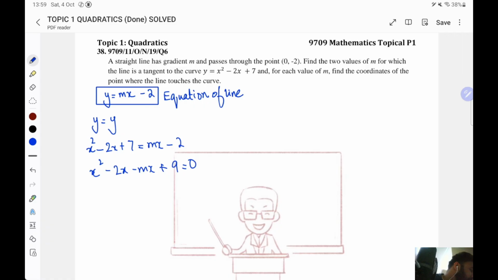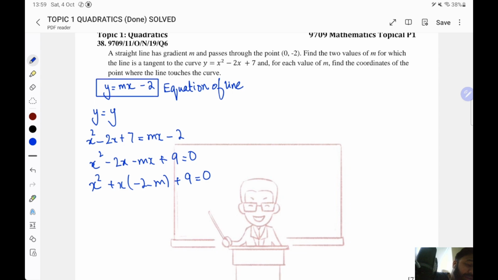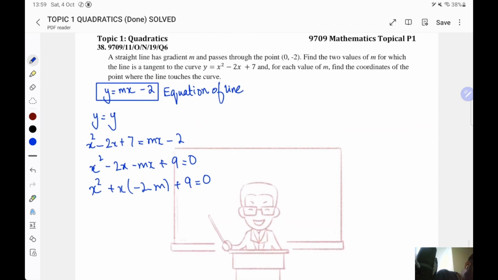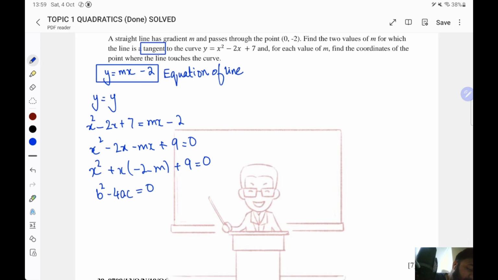Now after that, x square plus x(-2 minus m) plus 9 equals 0. Since the line and the curve are tangent to each other, it means that b square minus 4ac will be equal to 0.